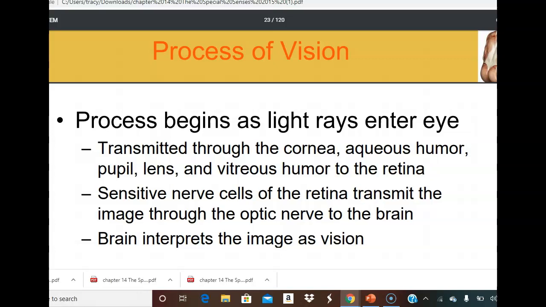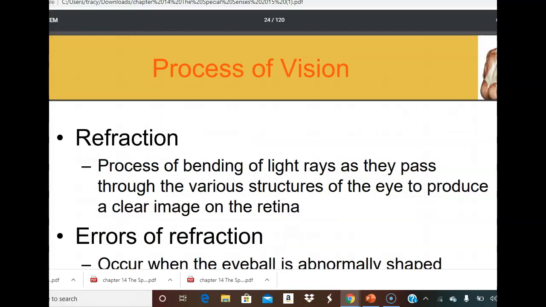Then the vitreous humor also acts, and the combination of those things hopefully gives us a focused image on the retina. As long as the retina is intact, those photoreceptor cells can transmit an image through cranial nerve number 2, which is the optic nerve, to the brain, and the brain interprets that image as vision. Remember, we're dealing with the occipital lobe, which is posterior.